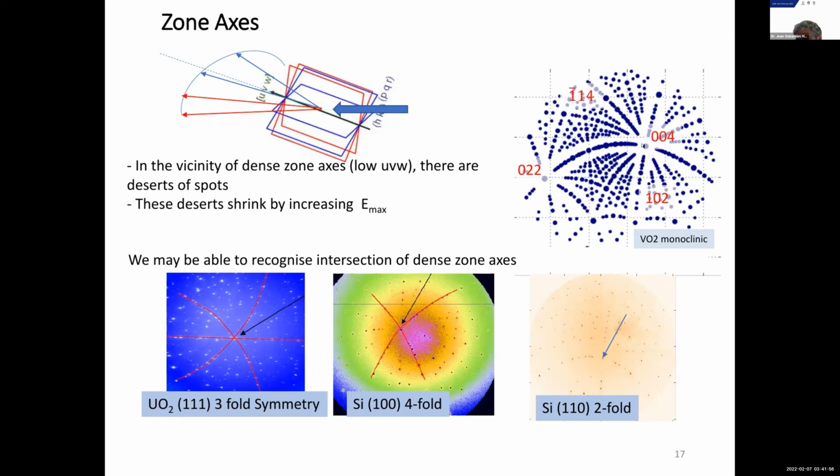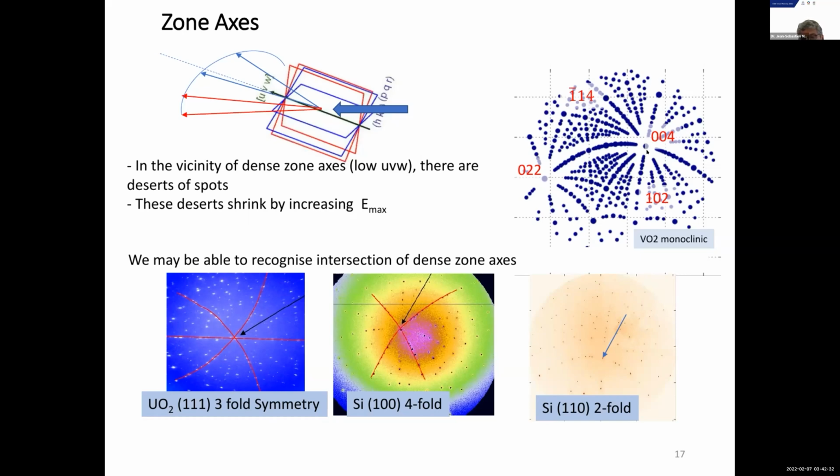You can also see that the main low HKL spots are at the intersections of dense zone axes. And an interesting feature is that around a low HKL Laue spot, there is a desert of Laue spots. In the past, and also today, we are still using these low HKL spots to orient the crystal.